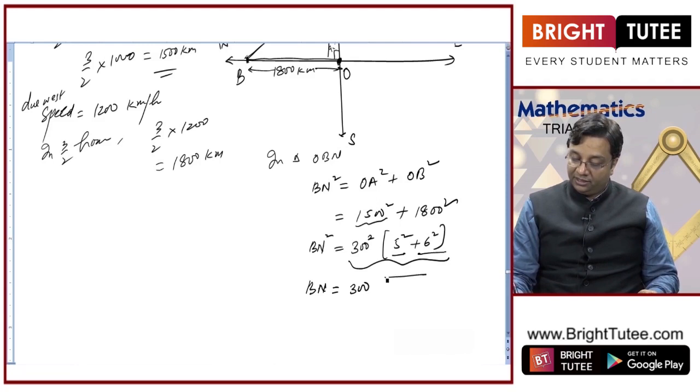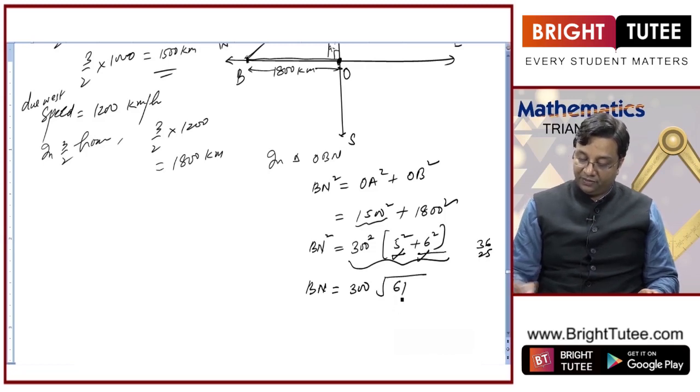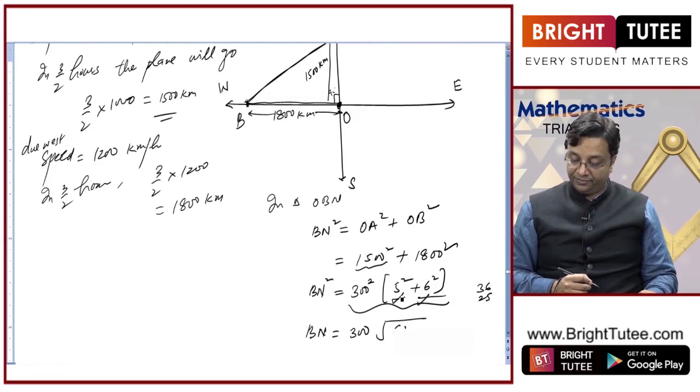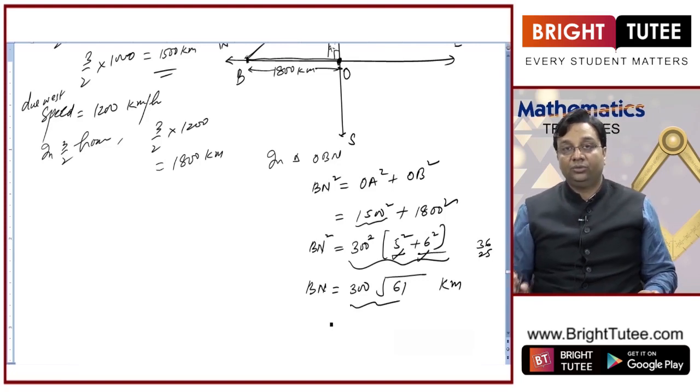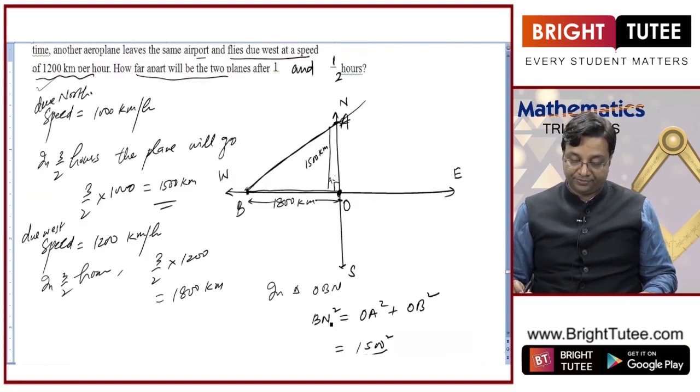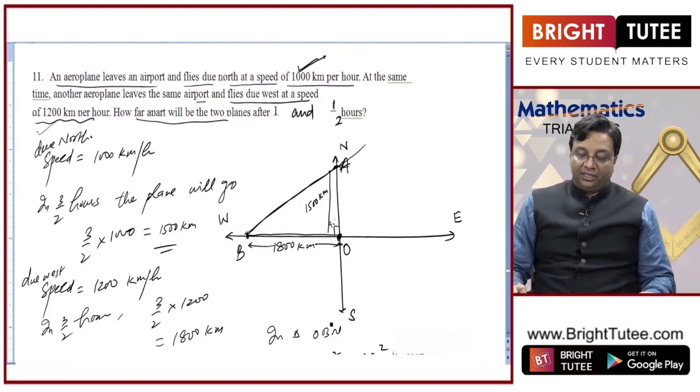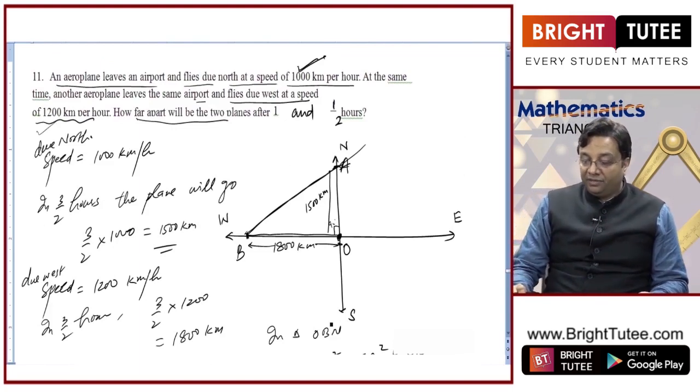This is 36, this is 25. 36 and 25 will give me 61. So root 61 is there, and this distance is in kilometers. 300 root 61 kilometers. So this will be the distance between the two planes after 1.5 hours.